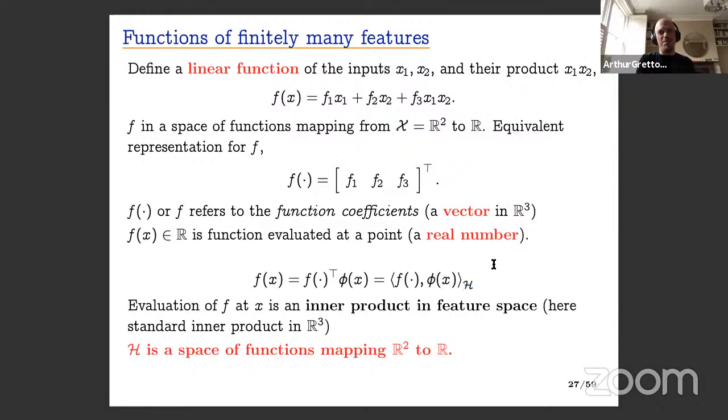And H is the space of features. So f at x is an inner product in my feature space. And the space calligraphic H is a space mapping from my initial X, which is a 2-dimensional space, to R. I take my X, I map it into a 3-dimensional feature space, I take the dot product with these coefficients f dot, and then I get my function out. So that's our notation.